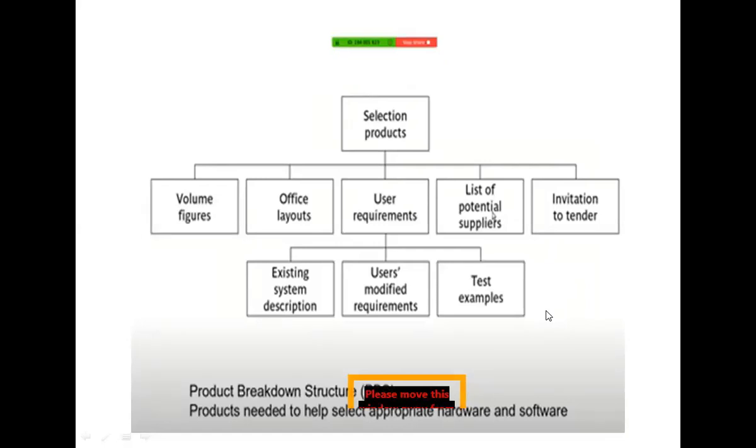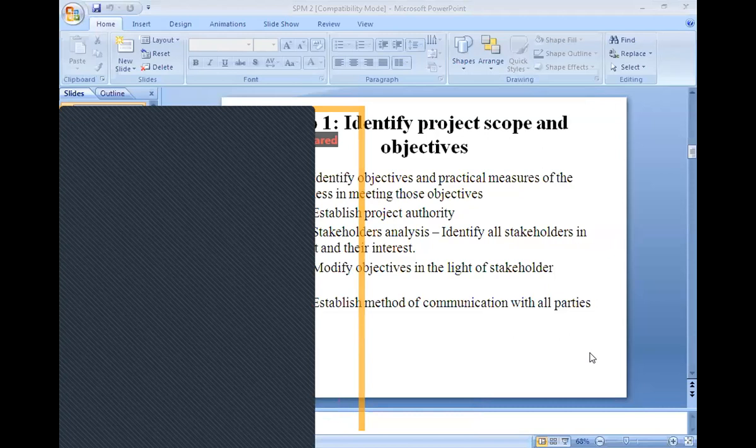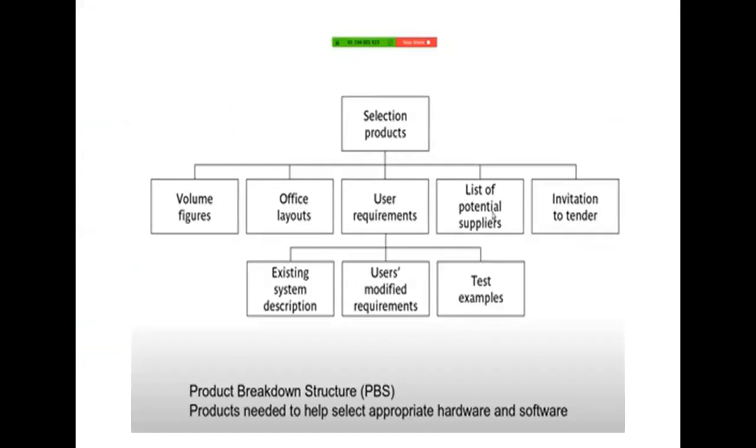Okay, next we have selection products. Selection products are classified into 5 categories: volume figure, office layouts, user requirements, list of potential supplies, and invitation to tender.